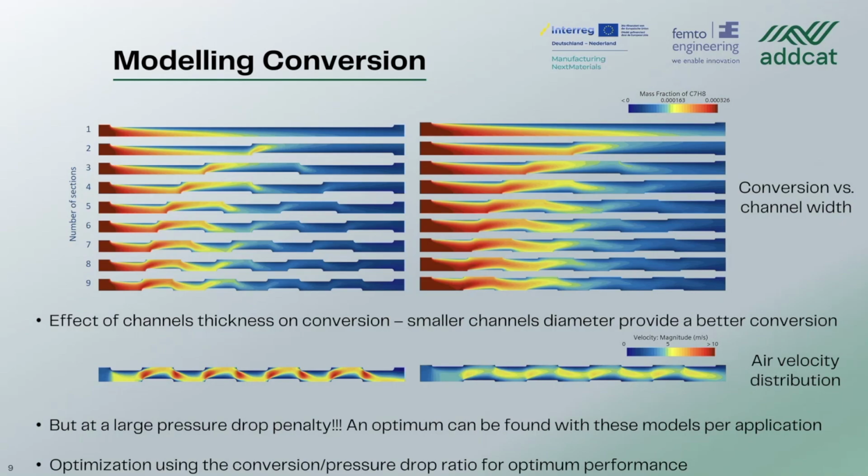But of course, then the pressure drop penalty comes into play, which you see on those images over here. On the left-hand side and the right-hand side, you see a lot of difference in the air velocity distribution. The right-hand side is much more evenly distributed, hence a much lower pressure drop. So with this data set on hand, with the pressure drop on one hand and the conversion data on the other, you can really find and tweak the optimum for every customer.